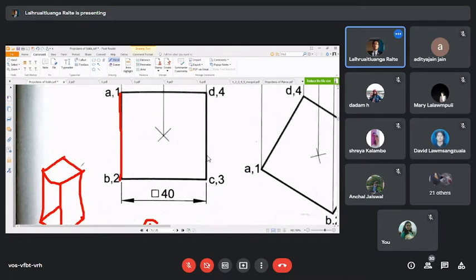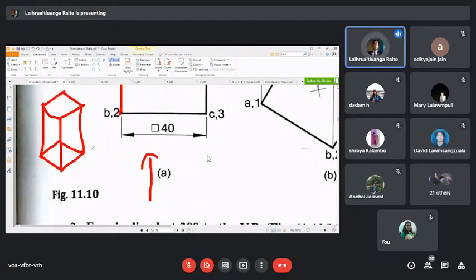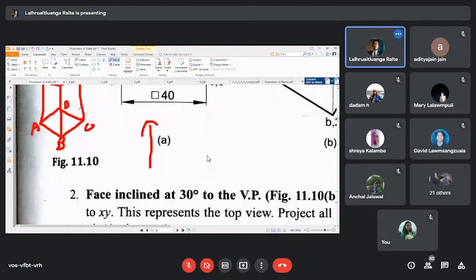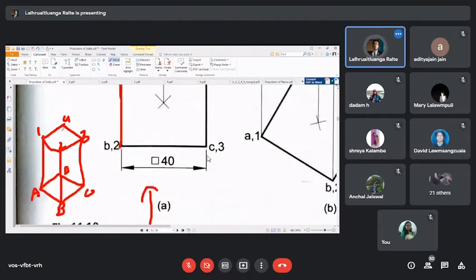Anyway, the label goes something like this: A, B, C, D, and 1, 2, 3, 4. Right. So this is the solid in 3 dimension. This is our prism in 3 dimension.